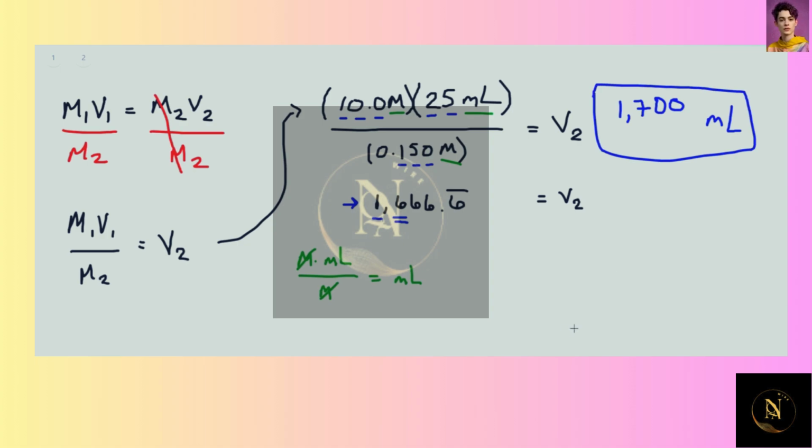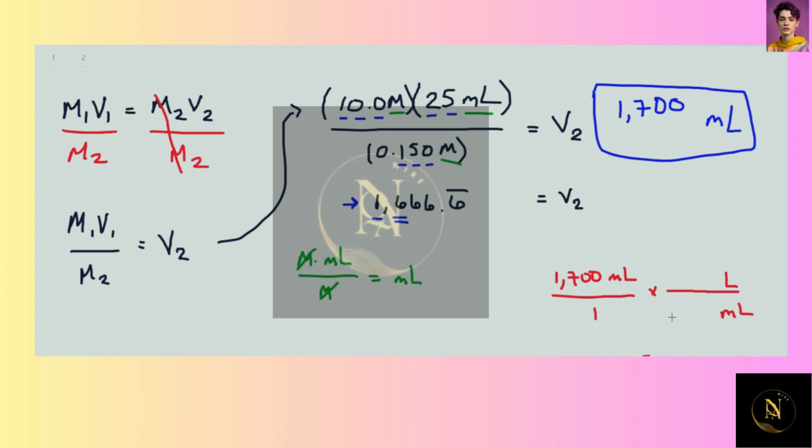And your teacher or professor may or may not ask you to convert that to liters. If they do, it's a pretty quick conversion. I'll just do it over to the side here. So this is where we're starting. And to change our units, we always want to make our answer a fraction. We're going to put where we are at the bottom and where we want to go at the top.